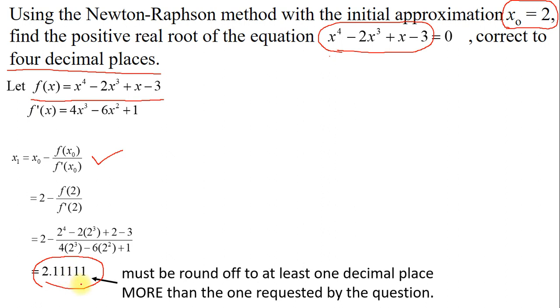But my advice is, if the question asks you to round off to 3 decimal places, then usually this answer I will round off to 5 decimal places, meaning 2 decimal places more than the one requested by the question. But if the question asks for 4 decimal places, I usually round off to 1 decimal place more, so that I don't need to do too many approximations.